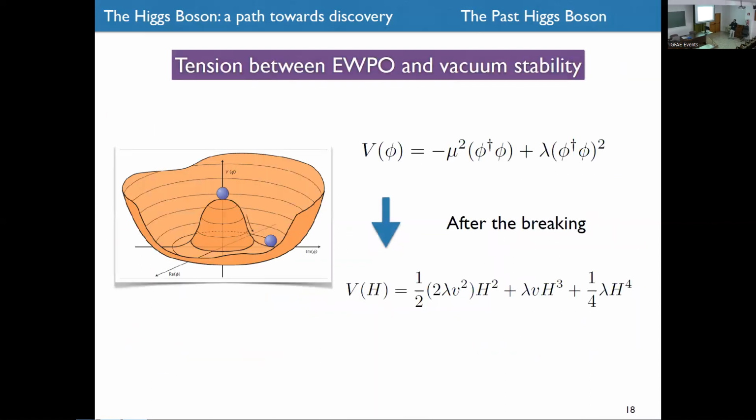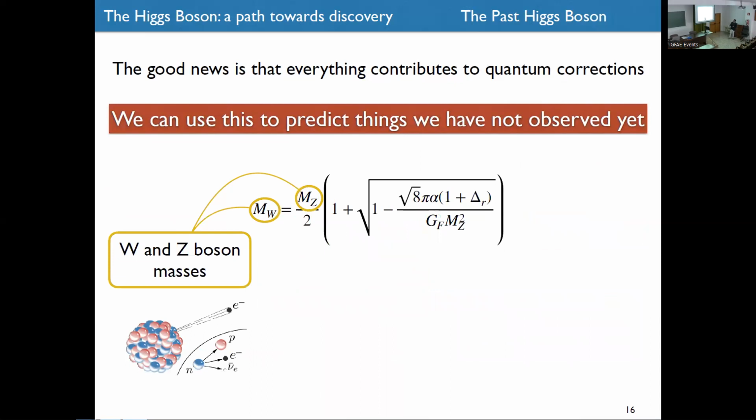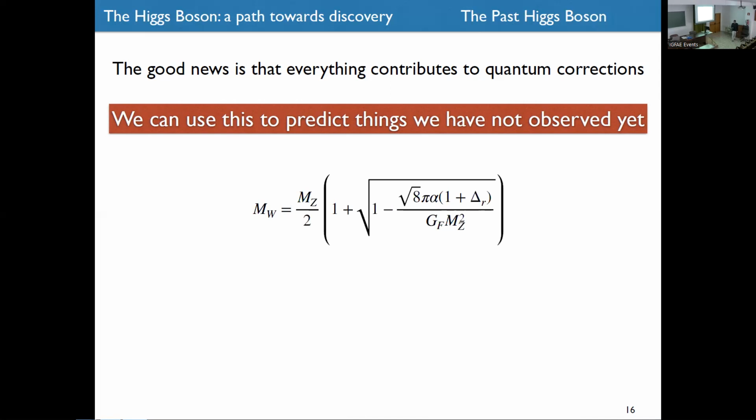However, this can also be used in our favor, because all the corrections include everything. So everything in the theory contributes, even things that you have not seen before. So for example, the Higgs boson in 2009. So let's go to a more concrete example. Here we have a relation that you can write between the mass of the W and other observables.